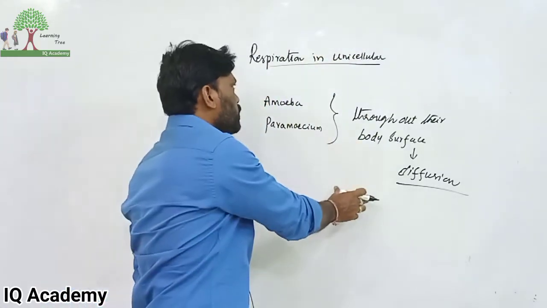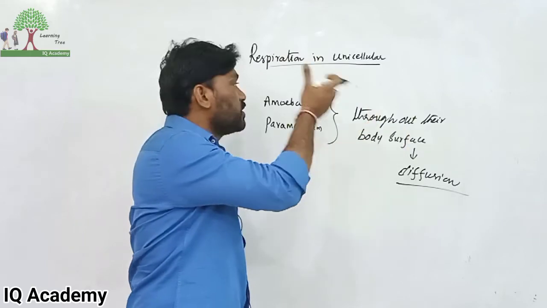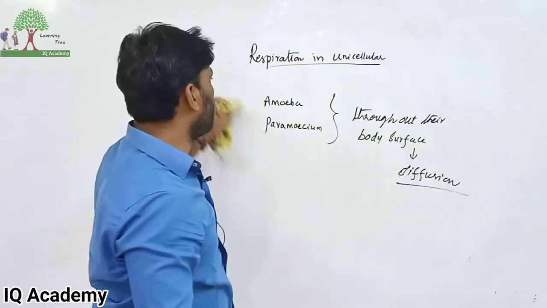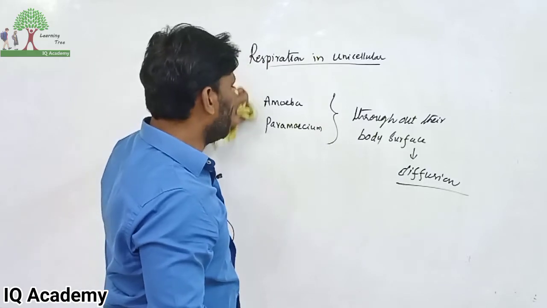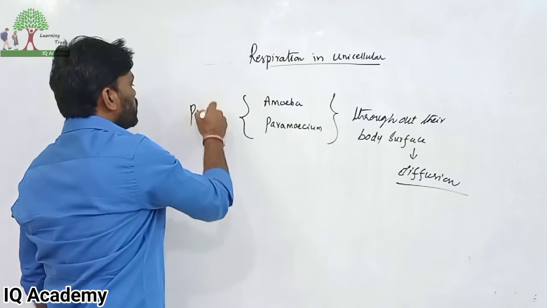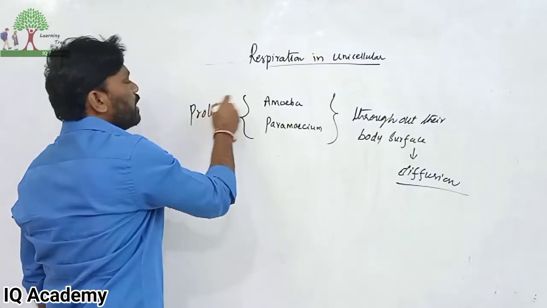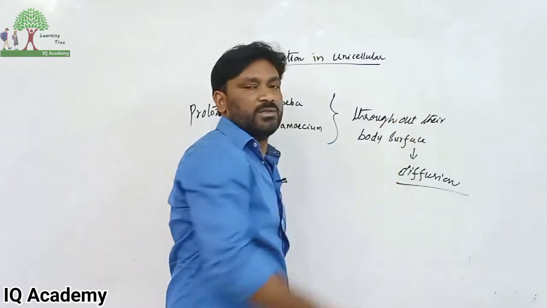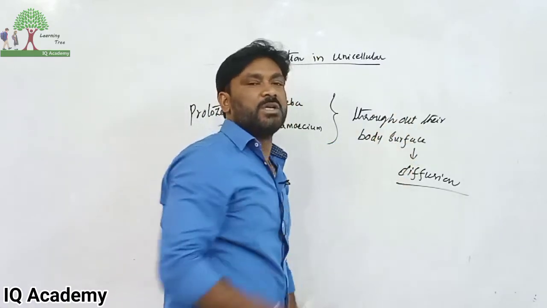So in the form of diffusion, respiration takes place in unicellular organisms. We discussed amoeba and paramecium, which belong to phylum Protozoa.